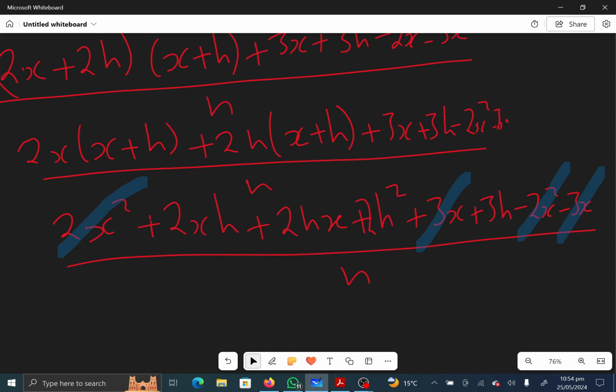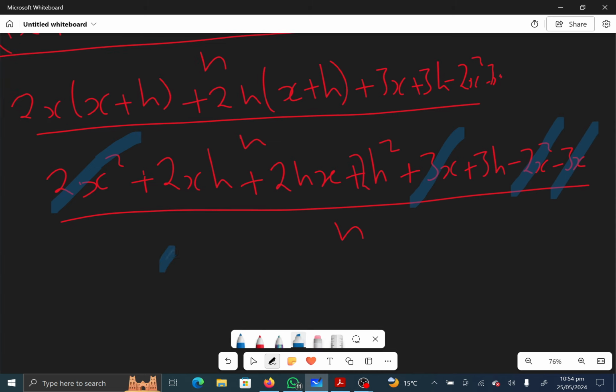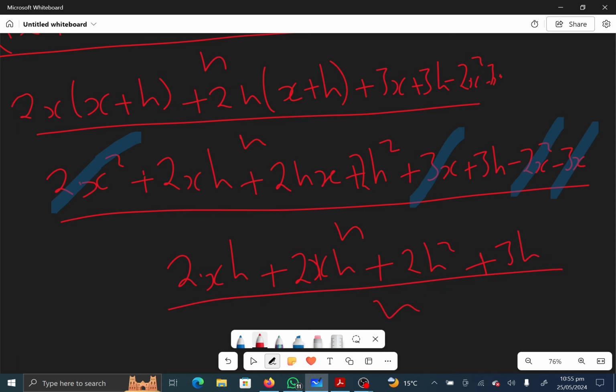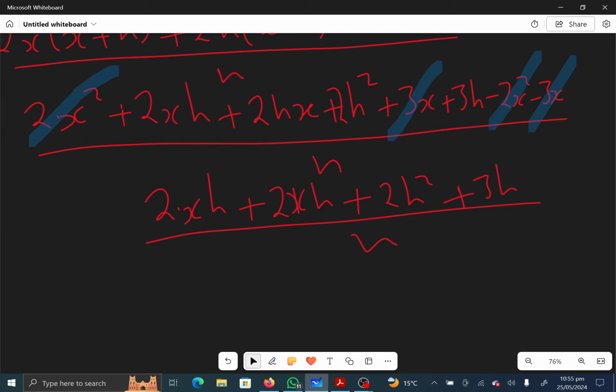So we'll now remain with the 2xh plus 2xh plus 2h squared plus 3h over h.